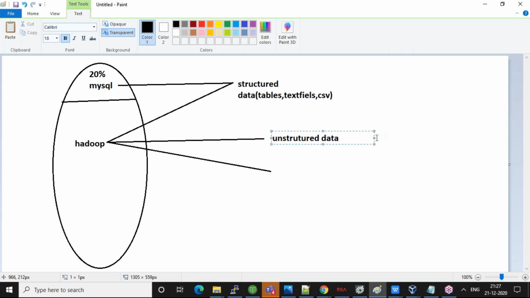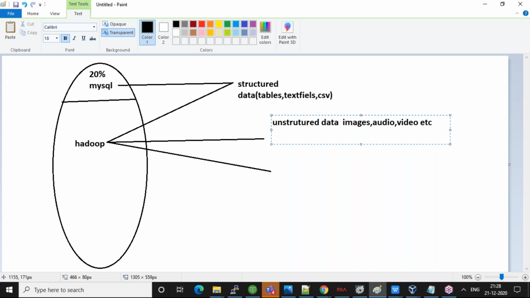What are the examples of unstructured data? Unstructured data examples are images, audio files, and, exactly Shankar, video files. So these are the unstructured data.